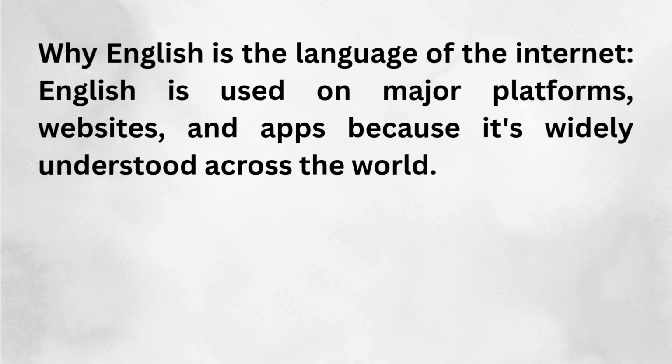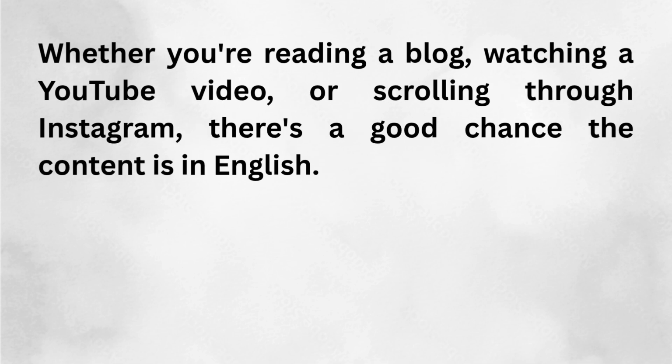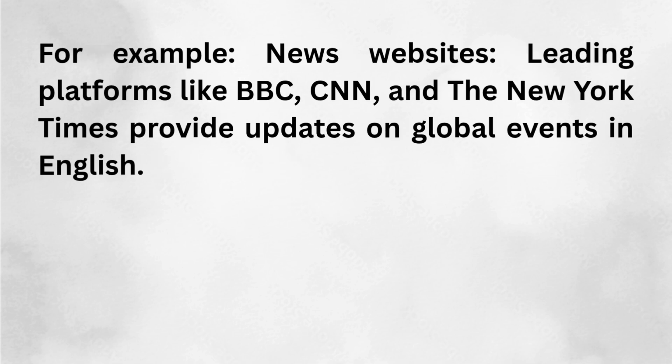Why English is the language of the internet? English is used on major platforms, websites, and apps because it's widely understood across the world. Whether you're reading a blog, watching a YouTube video, or scrolling through Instagram, there's a good chance the content is in English. For example, news websites, leading platforms like BBC, CNN, and the New York Times provide updates on global events in English.